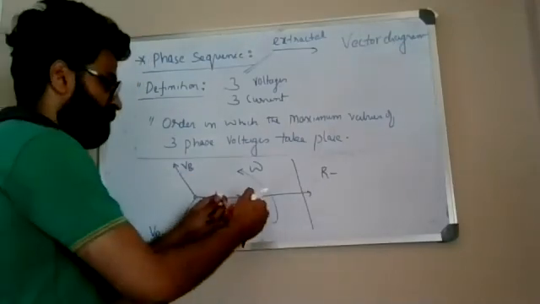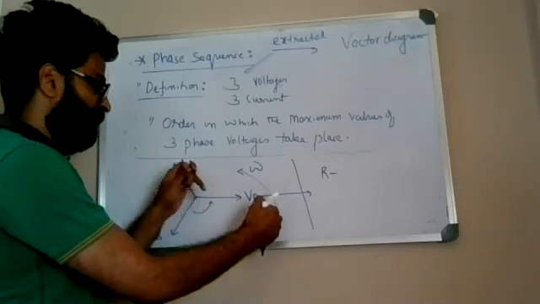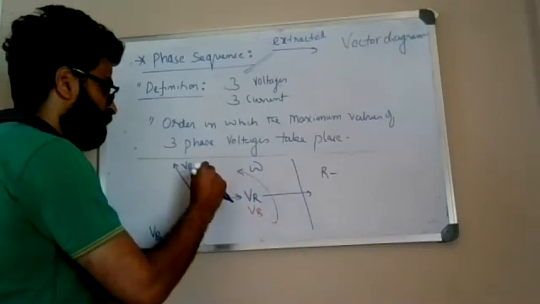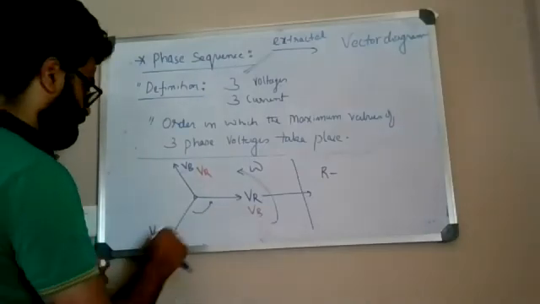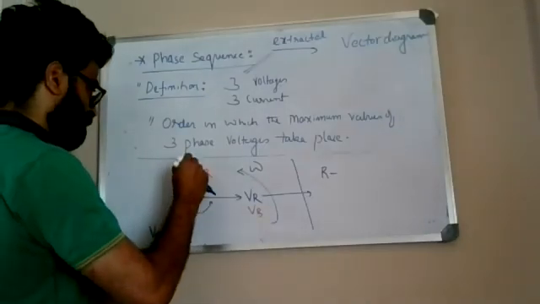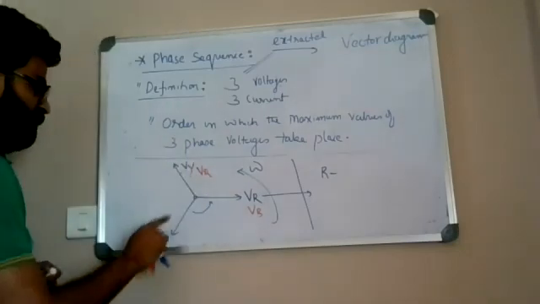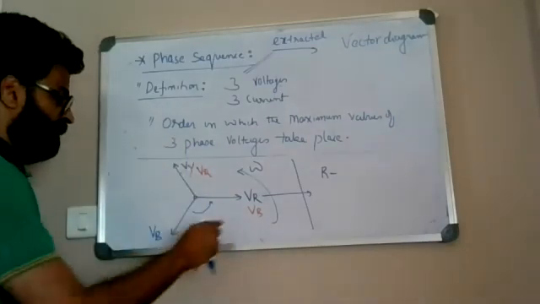And when this comes and sits in a VR position, what will happen? VB gets replaced with VR. And VB gets replaced with, sorry, says R. This should have been Y. Should have been Y. I missed it. Okay.